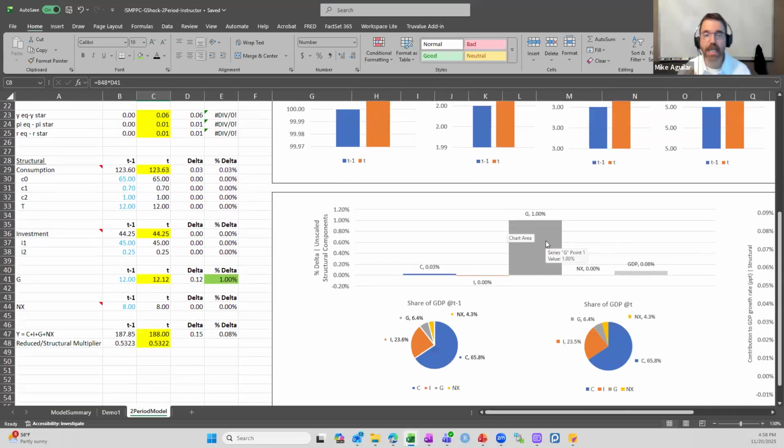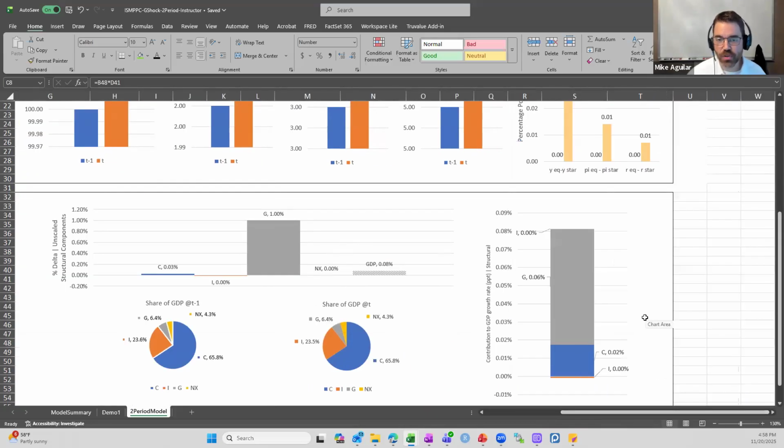Well, we see a big kick in government spending. We see somewhat of a kick in consumption through the income effect. We see a little bit, barely, a decline in investment. Why is that? Because interest rates went up, the Fed increased interest rates, and that curtailed investment a little bit. And you can see it through the decomposition over here.